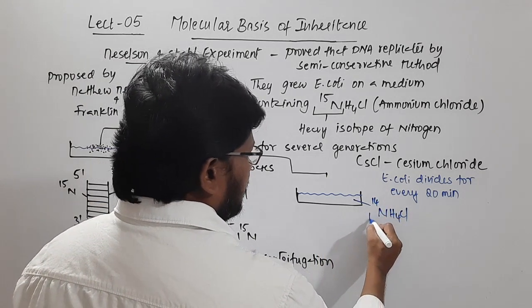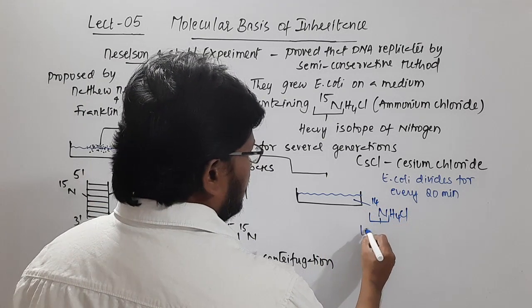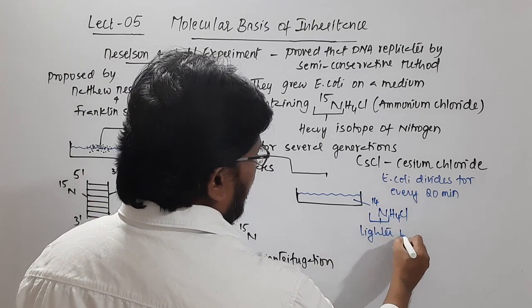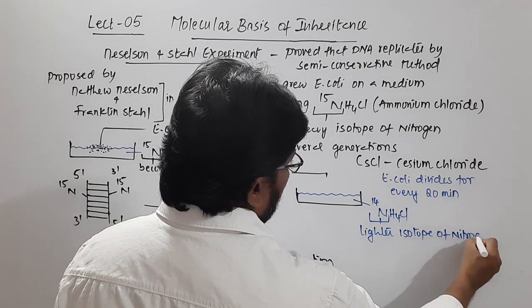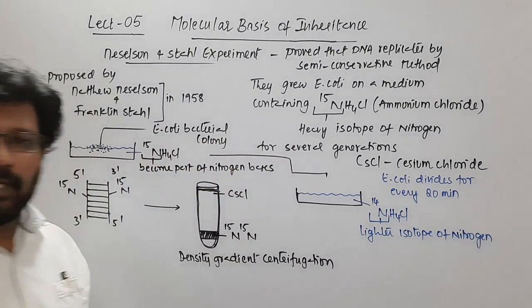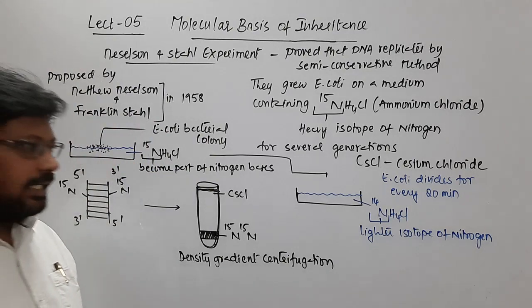In this case, N14 is a lighter isotope of nitrogen.